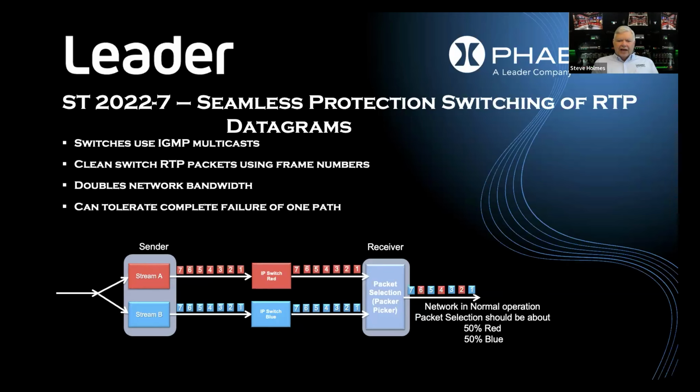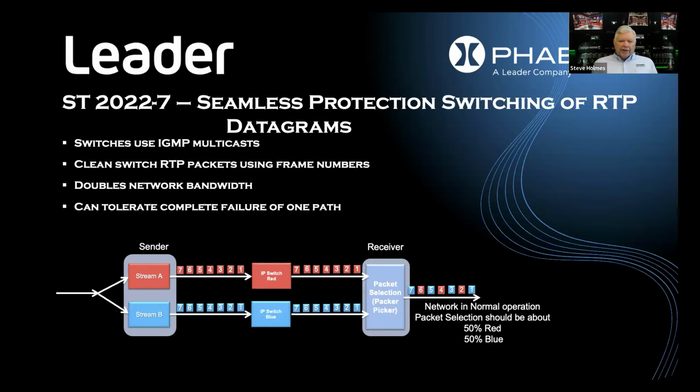Yes. And if you have a network that is running correctly on both the A and B, or red and blue, the output of that packet picker should be about a 50% loading. So 50% of the packets should be coming off of the red, 50% of the packets should be coming off of the blue.